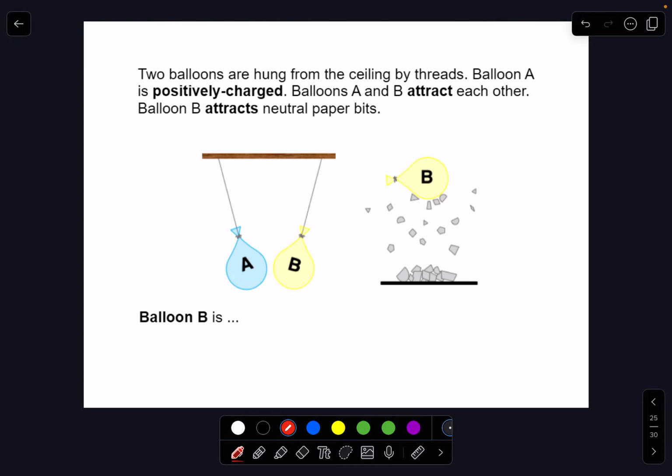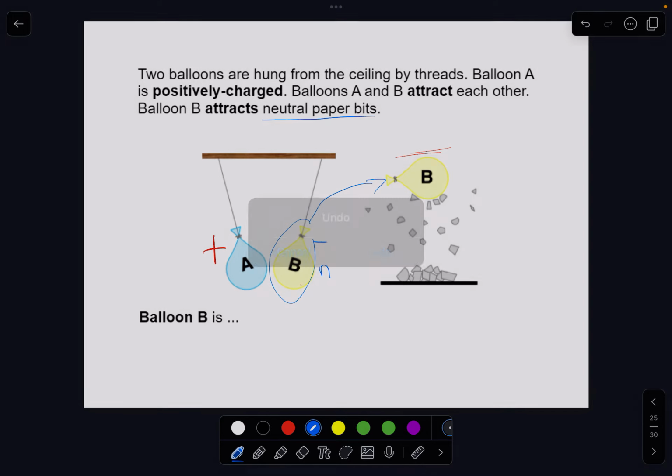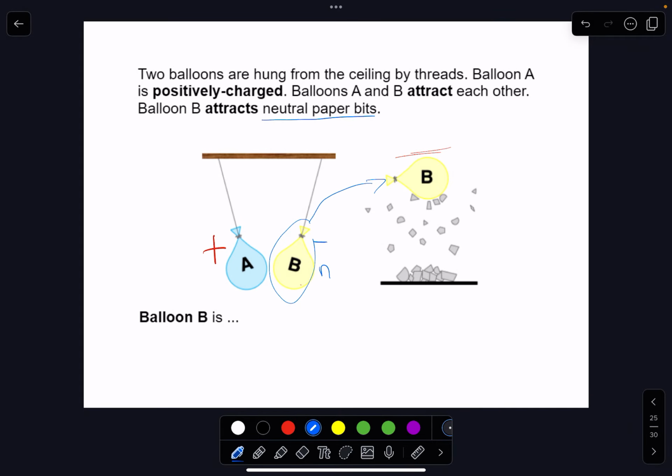Now, in order to figure out if it's one or the other, okay, we're going back to the same situation here where A is positive. So without looking at what B is doing over here on the second situation, we know that B has to be either negative or it could be neutral, right? But now if we take the same balloon and we see that it is attracting neutral paper bits, okay, neutral cannot attract neutral objects.